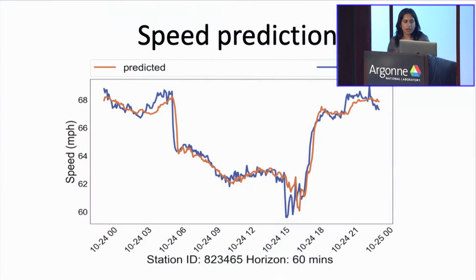What kind of measure are you comparing to say that your model does well? We are minimizing the loss, which is mean absolute error, and after minimizing the loss, that is the prediction we are getting. We are plotting the actual time series data along with the predicted time series data.